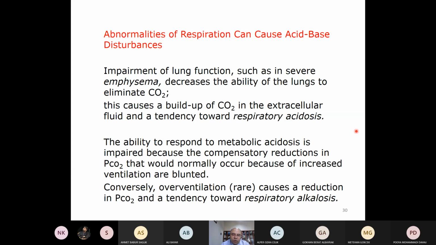The ability to respond to metabolic acidosis is impaired because the compensatory reductions in carbon dioxide partial pressure that would normally occur because of increased ventilation are blunted. Conversely, overventilation causes a reduction in carbon dioxide partial pressure that attends respiratory alkalosis. I have just given you an example of this.